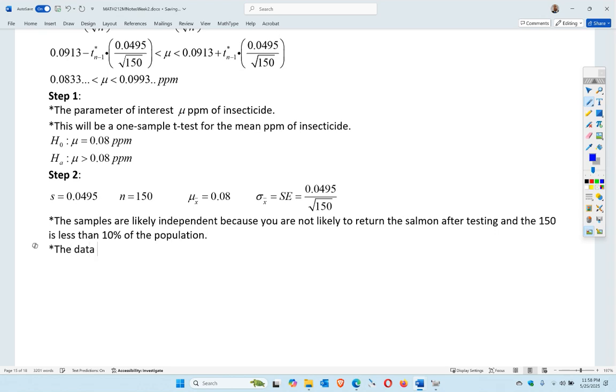The data appears unimodal and normal when you create the histogram.